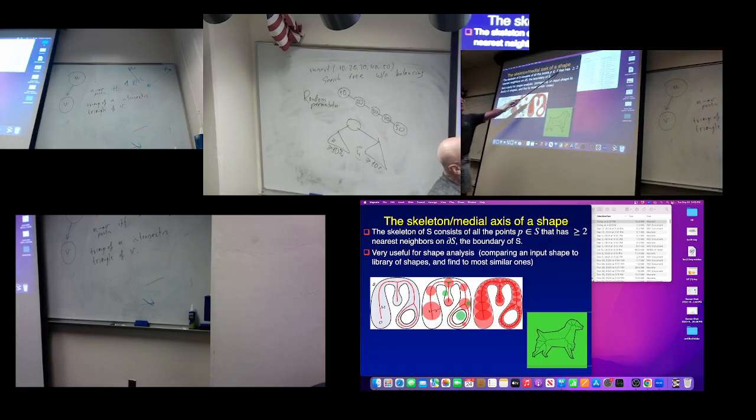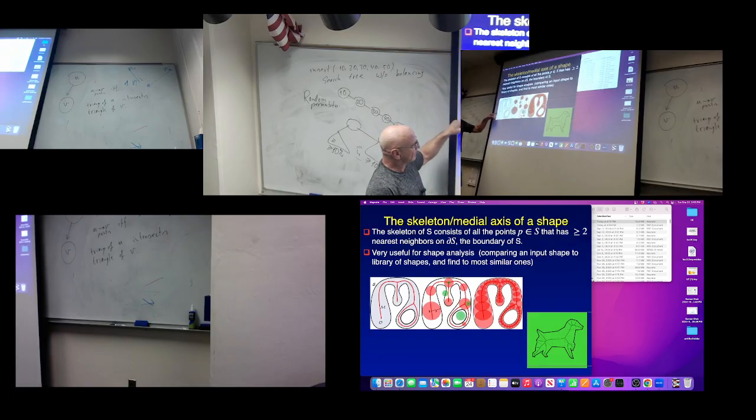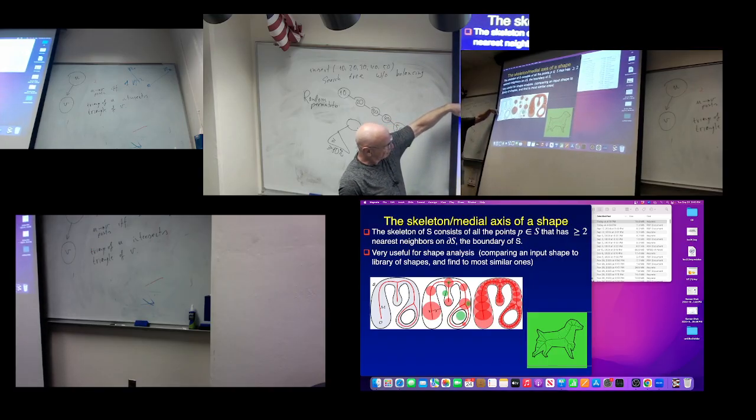All the points that have at least one nearest neighbor on the boundary of the shape. So for every point, I look at the nearest neighbor on the boundary, the skin of the shape, and I want to identify points that have more than a single nearest neighbor. So where my finger is, it has one nearest neighbor.